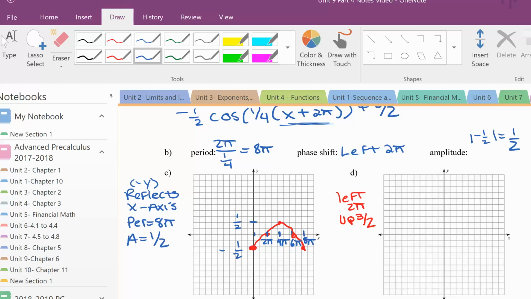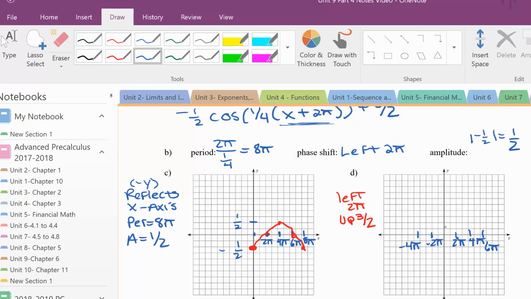So that means these marks are going to have to go to the left. That's negative 2 pi, negative 4 pi, positive 2 pi, positive 4 pi, positive 6 pi. And then it's going to go up 3 halves.